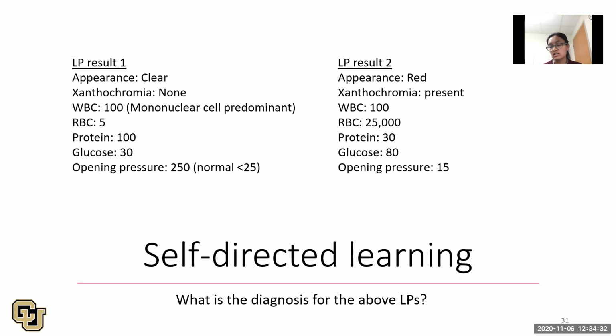But say the LP is going to be delayed for whatever reason, and you can't get in within hours, or this person is going to a CT scanner, which certainly means that the LP is going to be delayed. If you're really going to treat them empirically, I would start with the vanc, ceftriaxone, dexamethasone, and then plus or minus acyclovir in that case, depending on how highly you suspect HSV. And then downgrade therapy after the gram stain results.